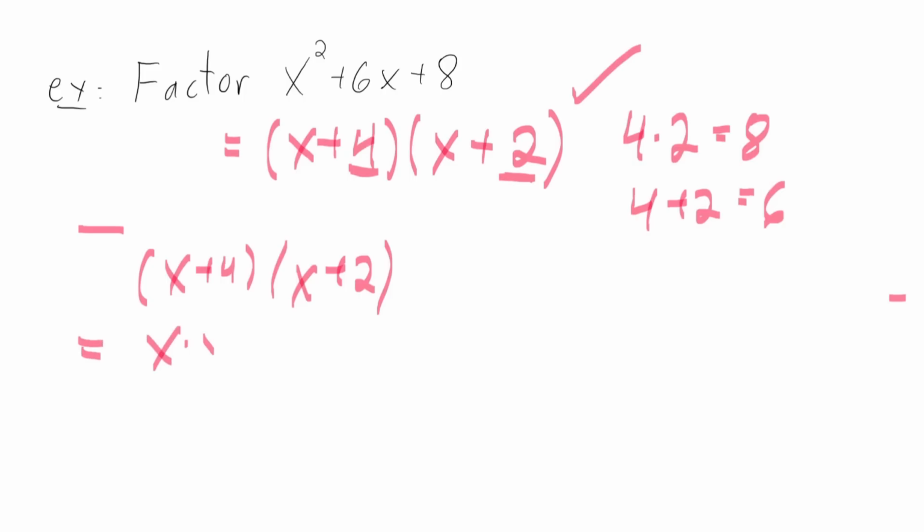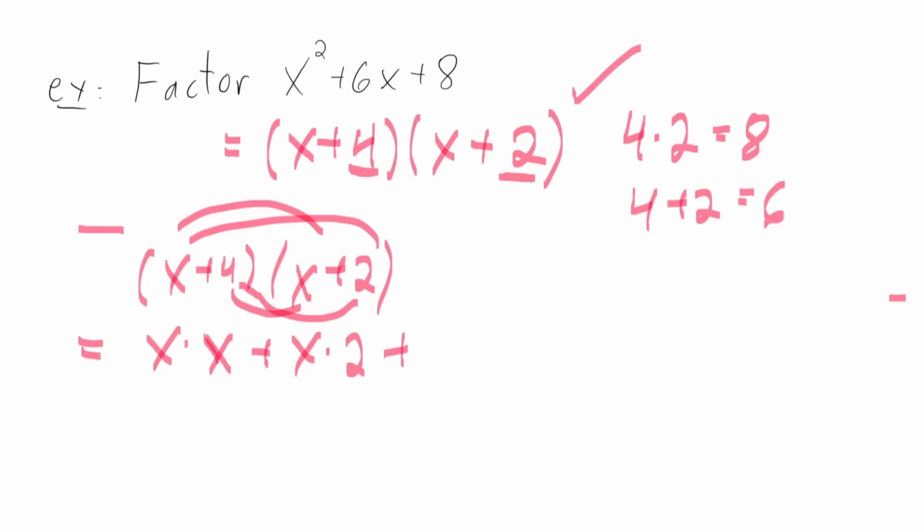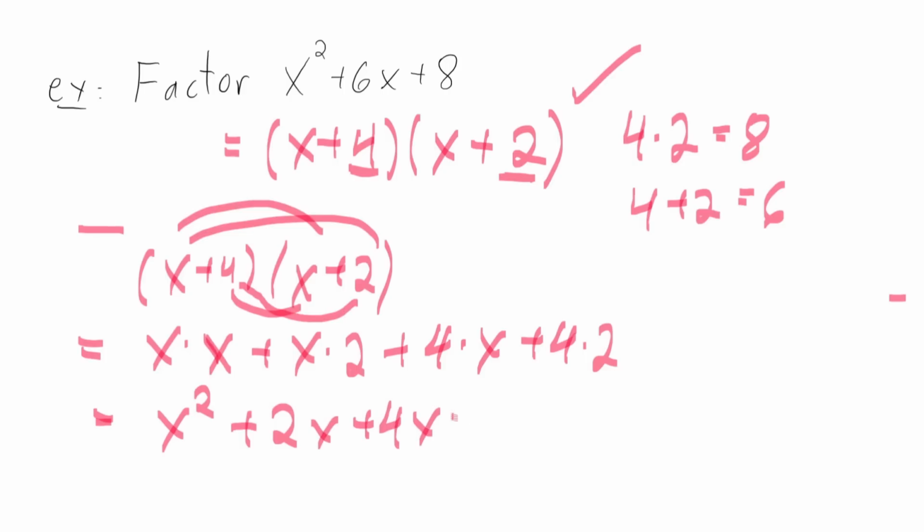So I'll have x times x, plus x times 2. And then 4 gets multiplied here and also here. So plus 4 times x plus 4 times 2. And I want to check that I ended up with what I started with. And I do. Very nice.